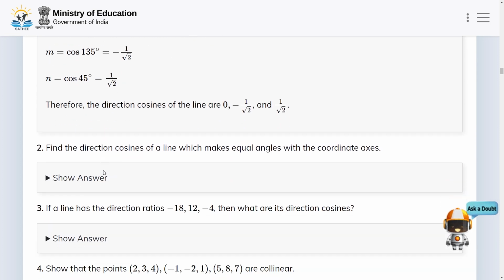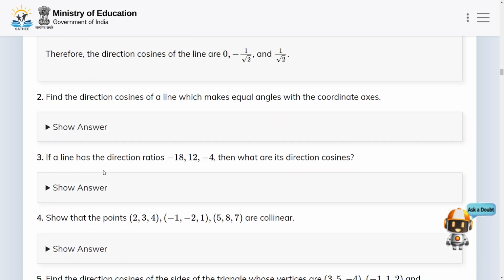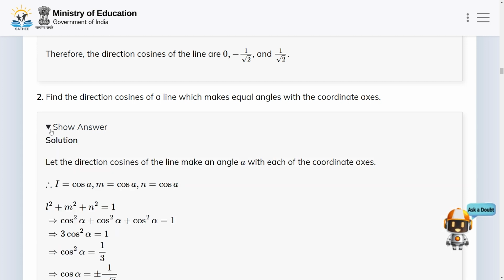Now, second problem. Find the direction cosines of a line which makes equal angles with the coordinate axes. Okay. So this means that L will be your cos A, M will be your cos A and N will also be cos A. Yes. Why? Because these are the direction cosines of a line that makes an angle A with each of the coordinate axes.